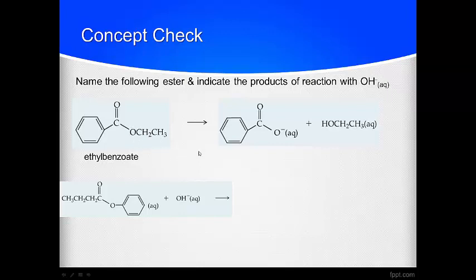Okay, so our next one here, this is a phenyl, okay, and we have 1, 2, 3, 4, so it's phenyl butanoate. With our base, we're going to have the benzene ring come off with an alcohol, so we'll have phenol as a product, and then we would have the O minus.